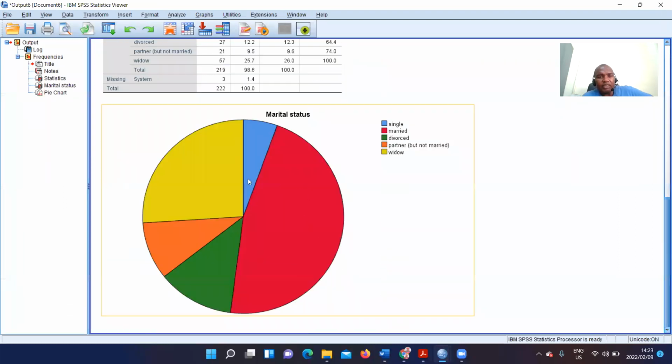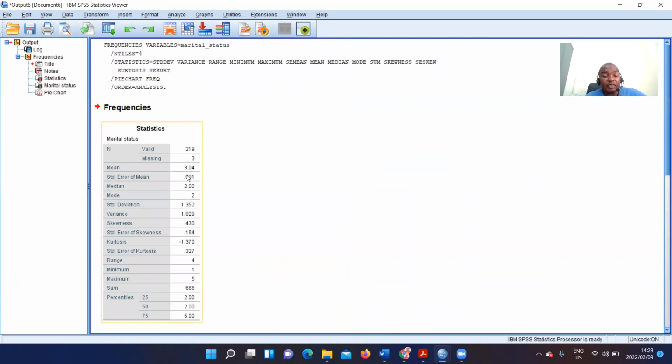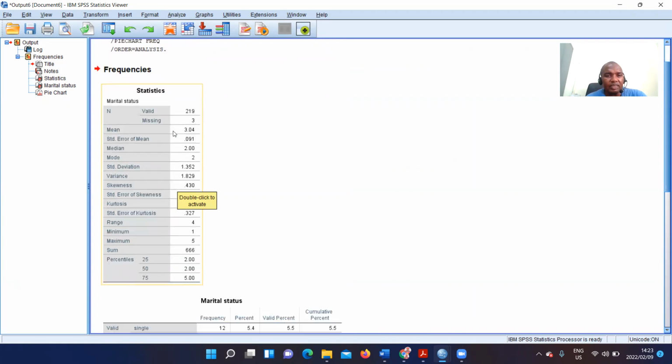If you check, the pie chart is still the same, but we've got a lot of information displayed from which we can reach some conclusions. The arithmetic mean of marital status is 3.3, which is just 3.